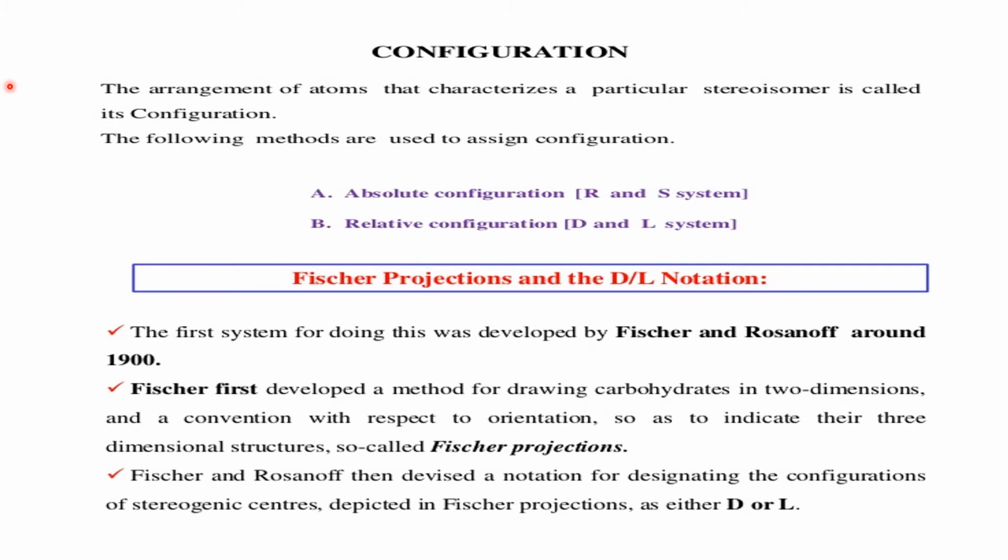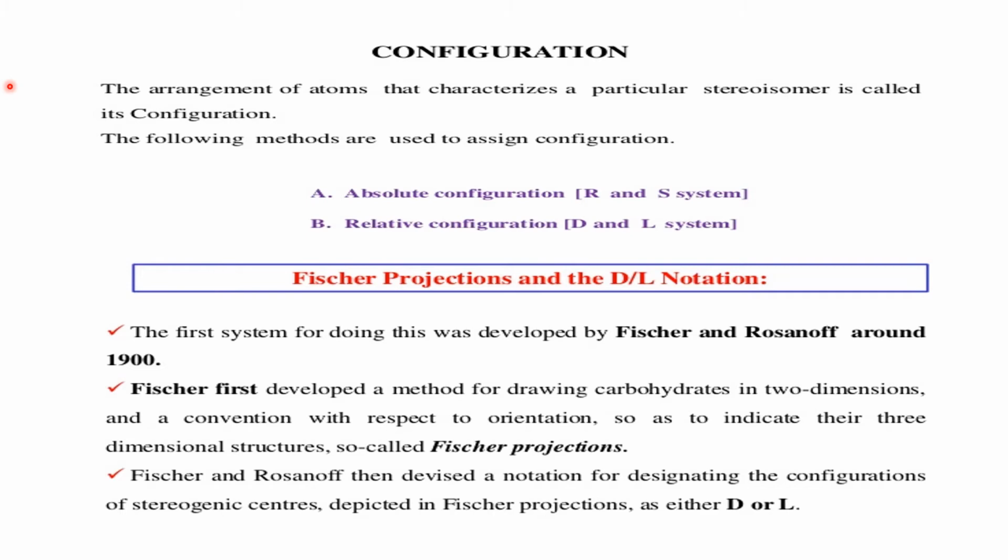There are two classifications for the study of configuration of organic molecules. I repeat, configuration is the arrangement of atoms or group of atoms in a particular compound in three-dimensional space. And depending upon the different arrangement in three-dimensional space, we get different configurations.